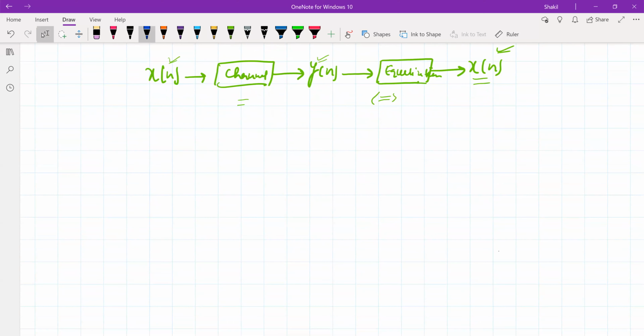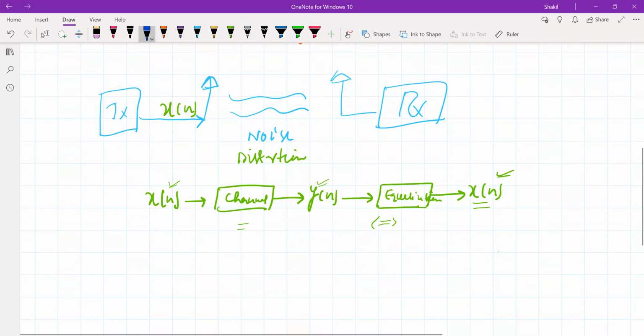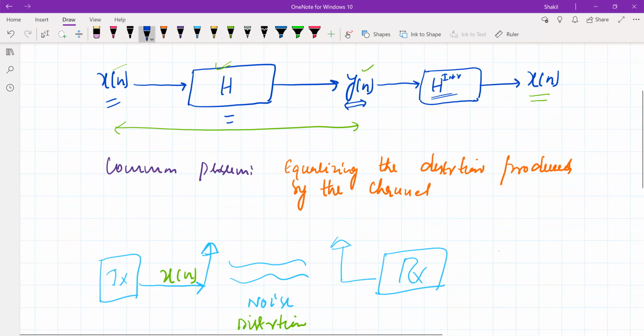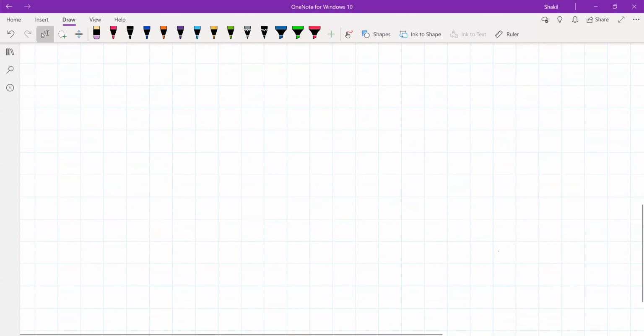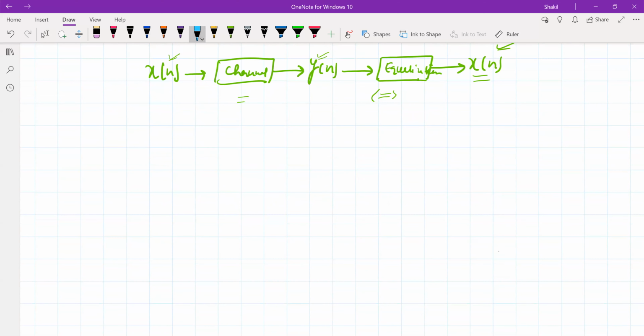Next, if the system is LTI. But before I derive it for LTI systems, let me do it for the general system. My system notation is: y of n is the output of the system whose input is x of n.